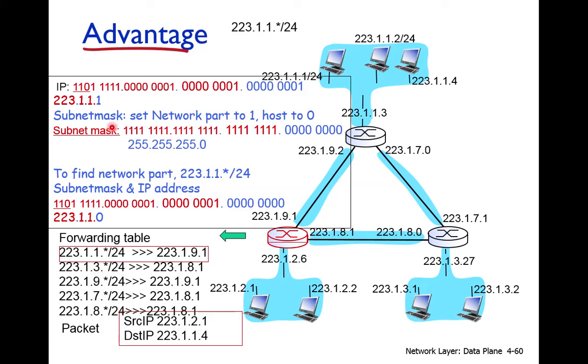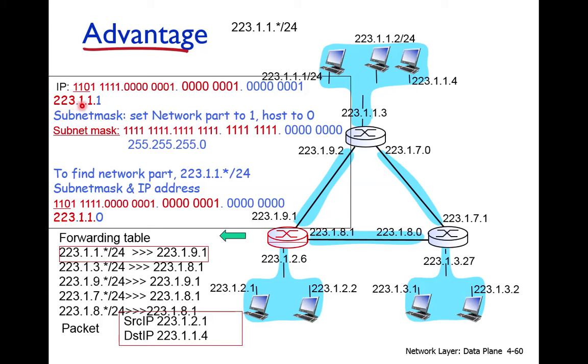Okay, so how is the subnet mask computed for an IP address? Suppose this is the IP address, for example 223.1.1.1, and the first 24 bits are the network part, and the last 8 bits are the host part. The subnet mask of an IP address can be computed by setting all the network bits to 1.